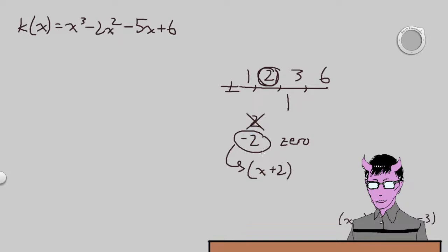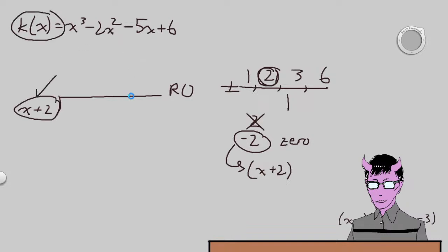It's literally what you need to add to produce 0. Positive 2. So x plus 2 is now our factor candidate. We're trying to divide k of x by our candidate. And if we produce a remainder of 0, then this is indeed a factor of k of x. So here comes the tedious work, copy paste.